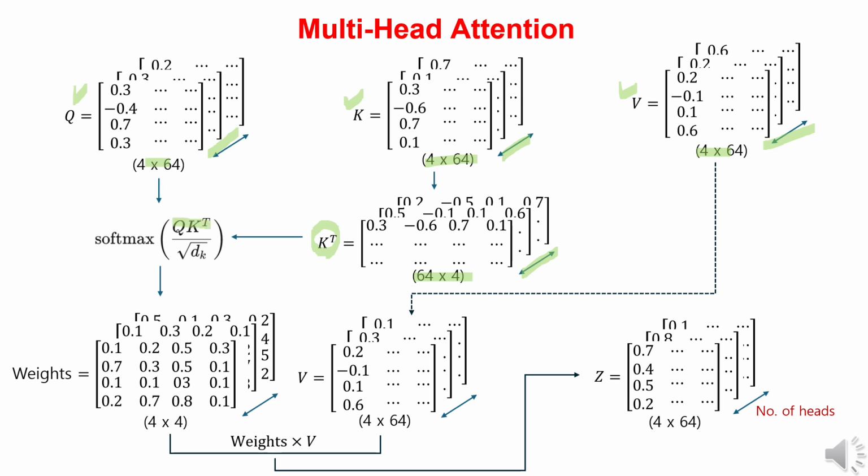After applying scaling and the softmax function, we obtain a 4 by 4 attention weight matrix. Next, these attention weights are multiplied by the value matrix, resulting in a 4 by 64 output matrix for each head. As a result, we obtain one output matrix per head, yielding 8 output matrices in total.